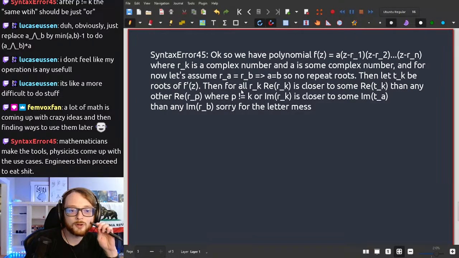The real part of the roots is closer to some. Oh wait, T sub k are the actual roots. I'm sorry, not the number of roots. Sorry. Okay.